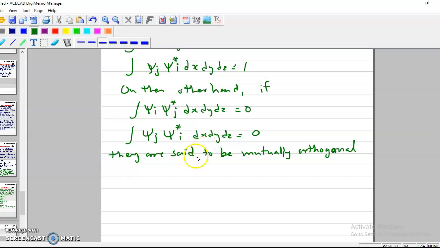Okay. And if both functions are orthogonal as well as normalized, then they are said to be orthonormal.